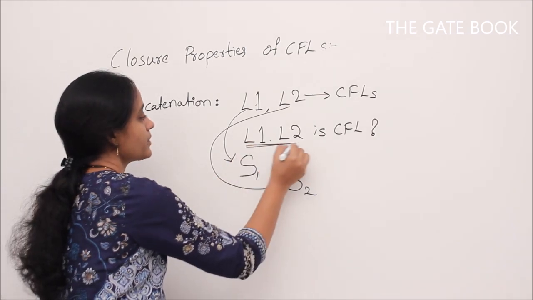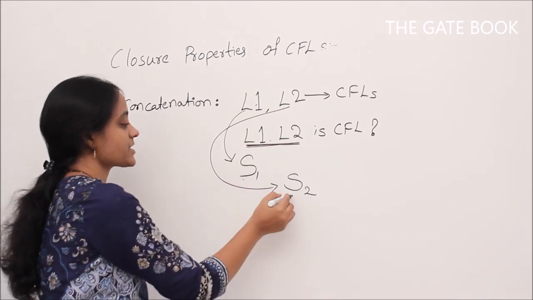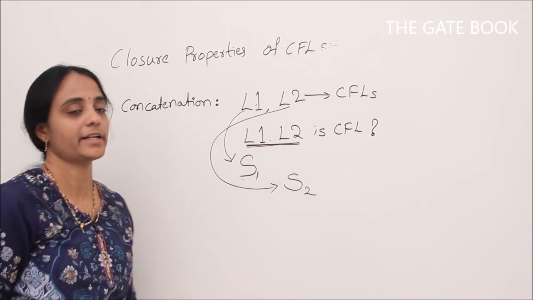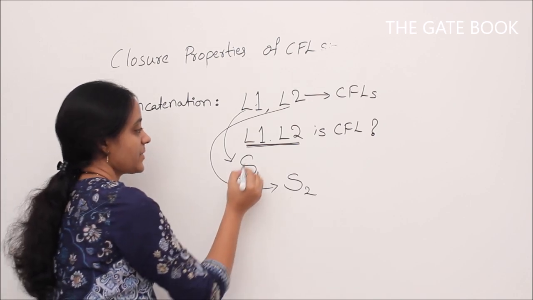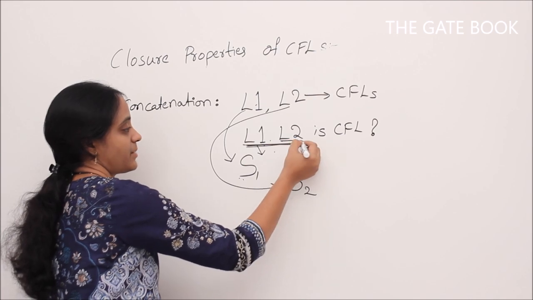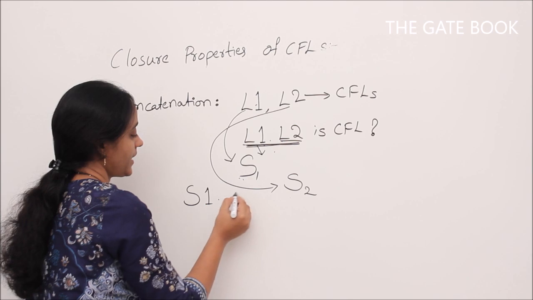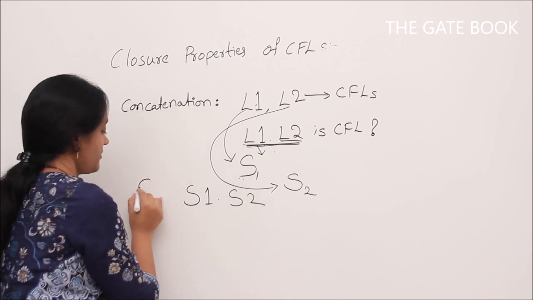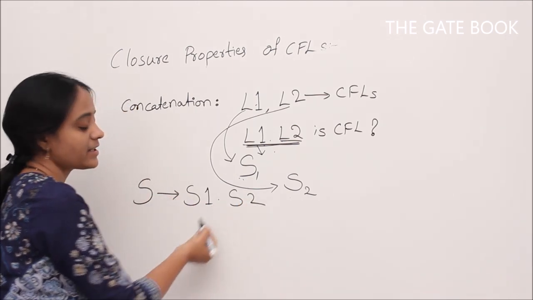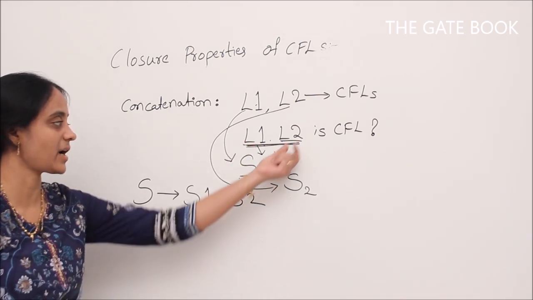Now how do I construct a grammar using these individual start variables for the concatenation language? Concatenation means there can be any string from L1 followed by some string from L2, right? So can I write it like this? S1 can derive any string that is part of L1 and S2 can derive any string that is part of L2.